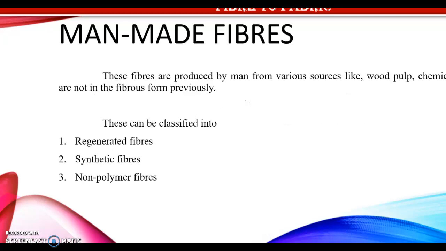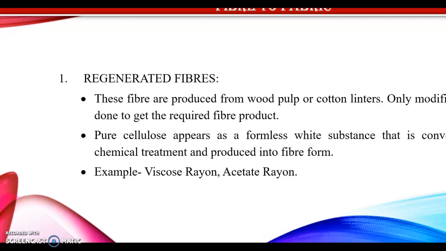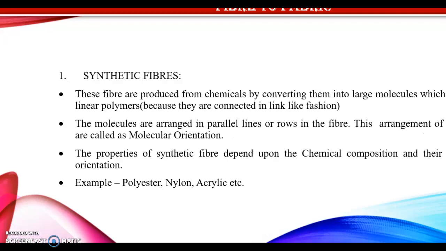Okay, man-made fibers are broadly classified into regenerated, synthetic and non-polymer fibers. Regenerated fibers are produced from wood pulp or cotton linters. Only modification is done to get the required fiber product. Examples: viscose rayon and acetate rayon. Synthetic fibers are produced from chemicals by converting them into large molecules called linear polymers.